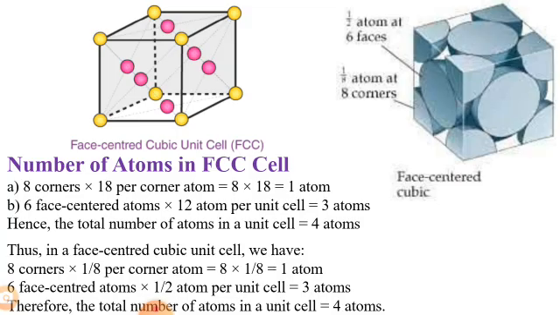So in this FCC unit cell, 8 atoms are present at the corners and the contribution is 1/8. 8 corners and 6 face center atoms. Each face shares half atom. So there are 6 faces, so 6 into half is equal to 3.